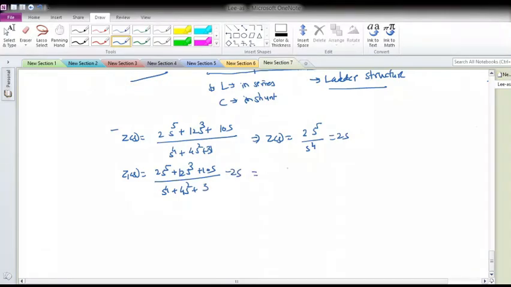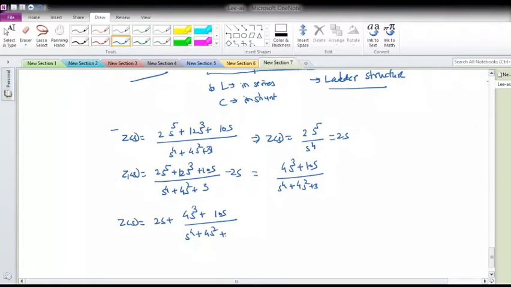The remainder will be 4s cube plus 10s divided by s raised to 4 plus 4s square plus 3. So your total Z of s will now be 2s plus this remainder, since you have removed the pole at infinity.